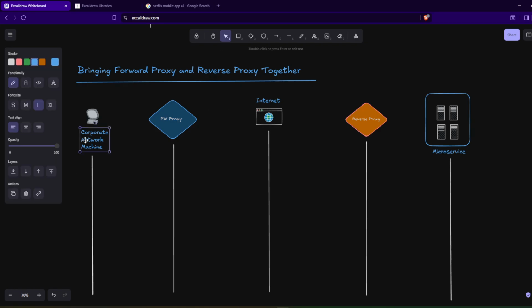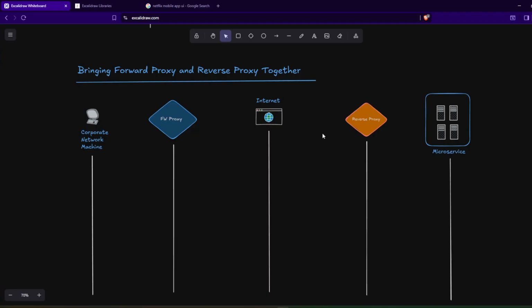Suppose you are on your corporate network machine, and from there you want to access some website. The first request you send, suppose you are trying to get some kind of report. Say you have an application called a reporting tool, with an endpoint like API slash reporting, maybe something like monthly reports.